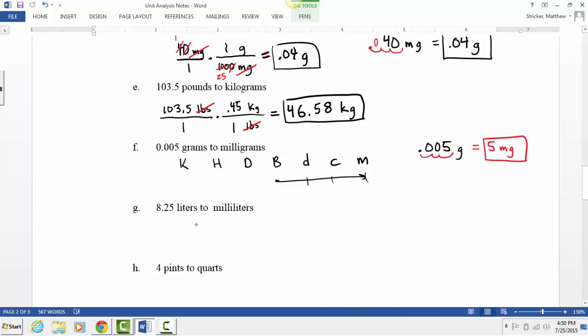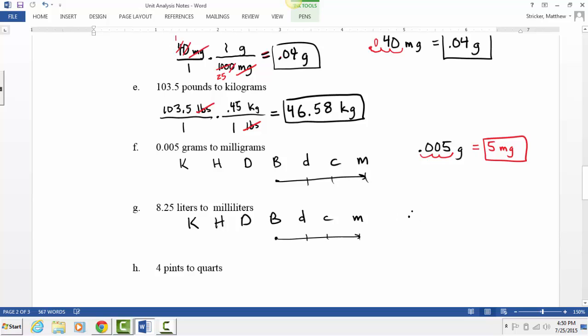Try another one here. Notice we can only do this when we're doing conversions that are metric to metric. King Henry died by drinking chocolate milk. We're going from liters to milliliters. Liters is one of those base units, so we're going to be starting here, going to milliliters. Again, that's 1, 2, 3 places over.